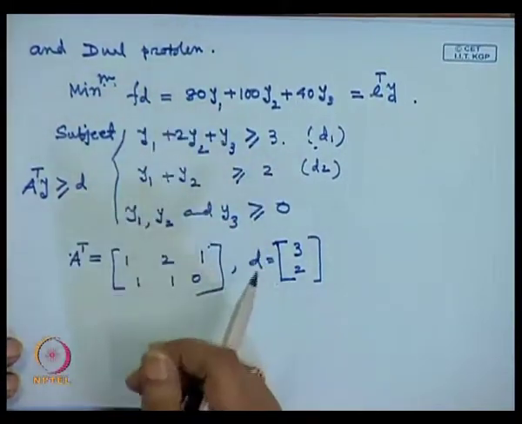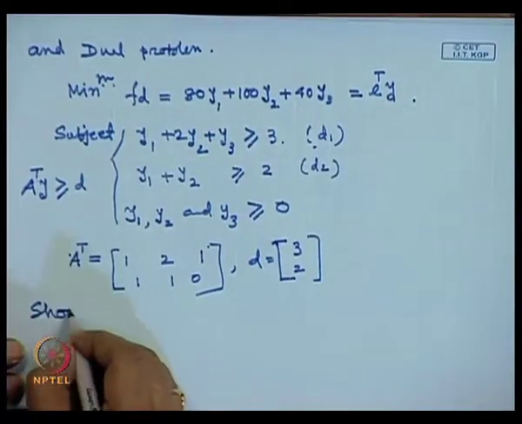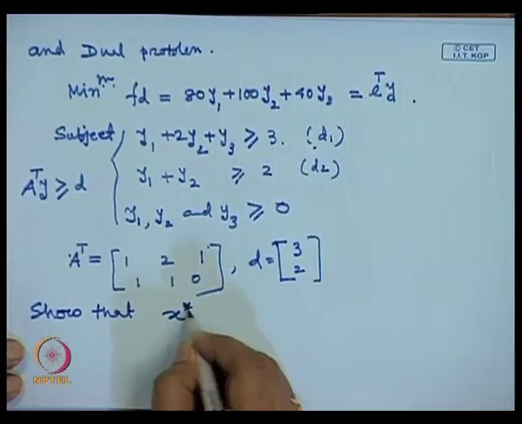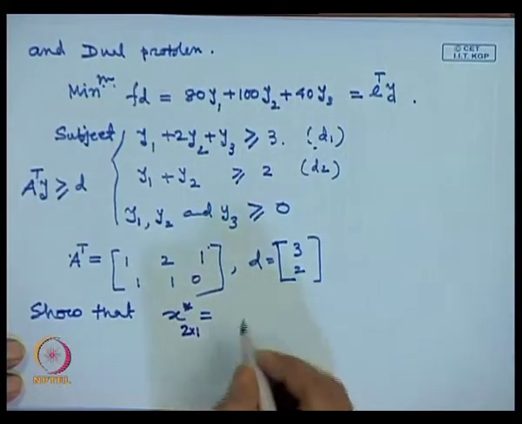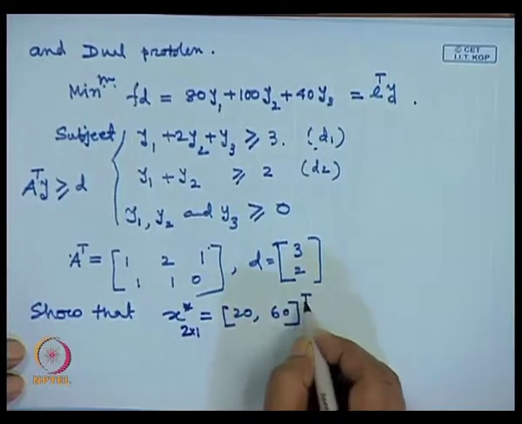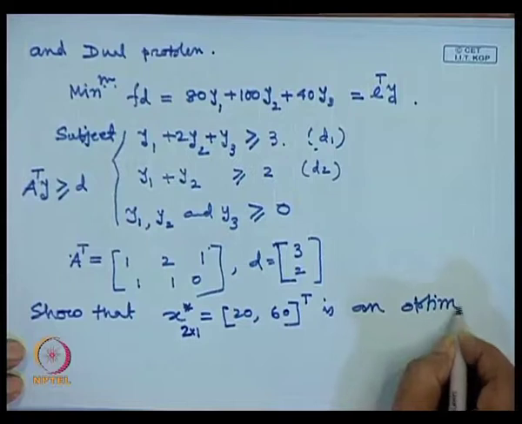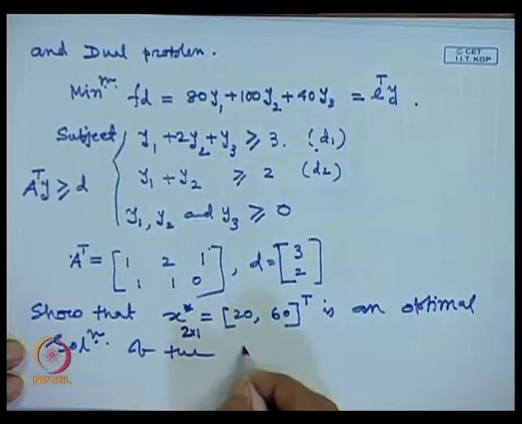So, you can solve this problem by, suppose this is the primal problem you have been given, and you are asked to show that x star, which has dimension 2 cross 1, equal to 20 60 transpose, is an optimal solution of the primal problem.